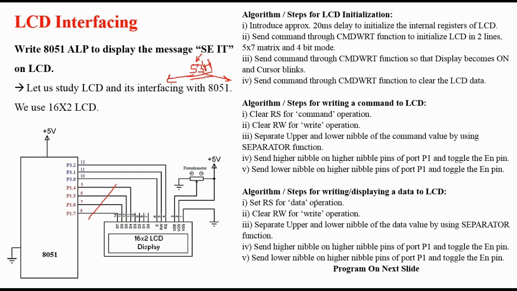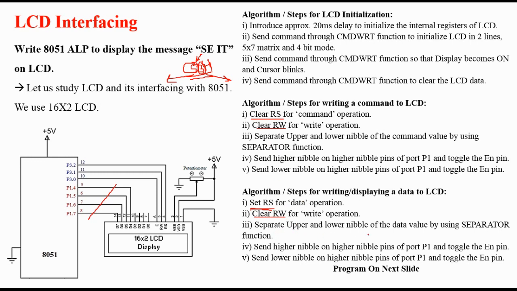Now for the command operation we cleared RS. For the data operation we have to set RS and clear RW. Here in both cases we are writing, the command and the data. Then as discussed, we need to separate those two nibbles.